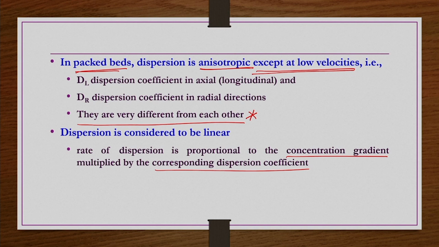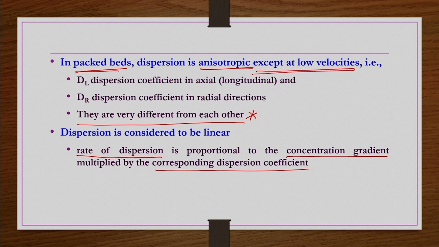Like in molecular diffusion, the flux is proportional to the concentration gradient; here also the rate of dispersion is proportional to the concentration gradient, and the proportionality constant is known as the dispersion coefficient. It changes in different directions; in all three directions of the geometry, it may have different dispersion coefficients.